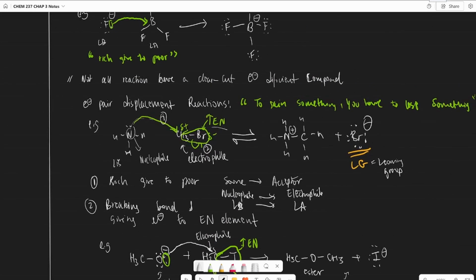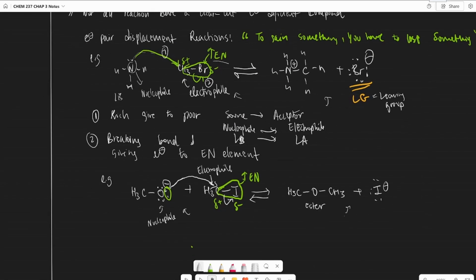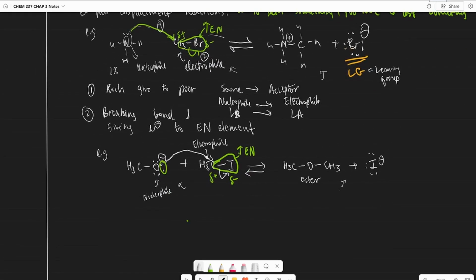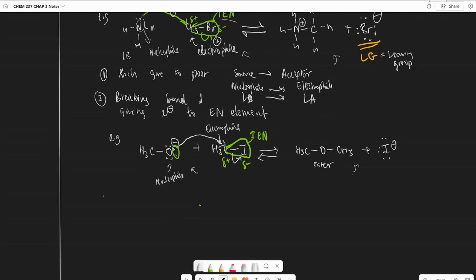Same thing here: it was neutral in the reactants and neutral in the product. Even though not the individual compounds, the complete reaction is neutral, since the amide and the bromide together cancel each other out. Same thing here. With the reversibility of a reaction, it switches back and forth.